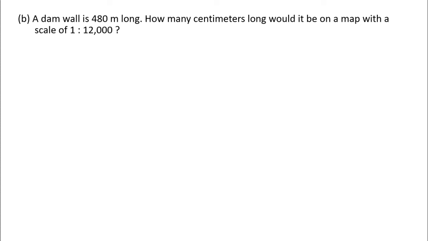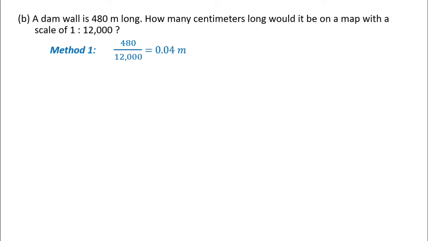Now, let's use method number one first. Since we know that in real life it is 480 meters long, we're just going to divide 480 by 12,000. That will give us 0.04 meters. Now, remember, we don't use meters on a map, we have to use centimeters, so we need to convert again.